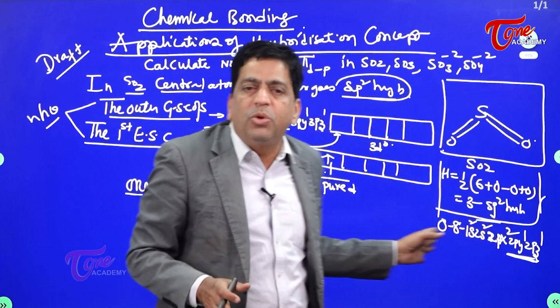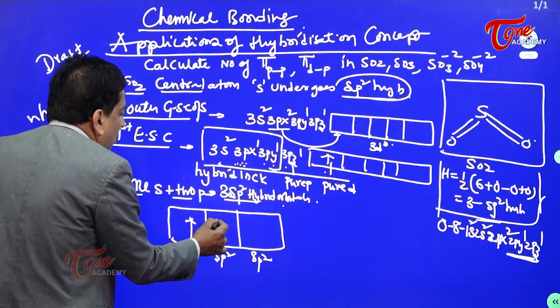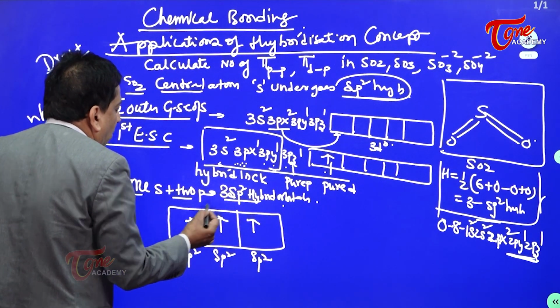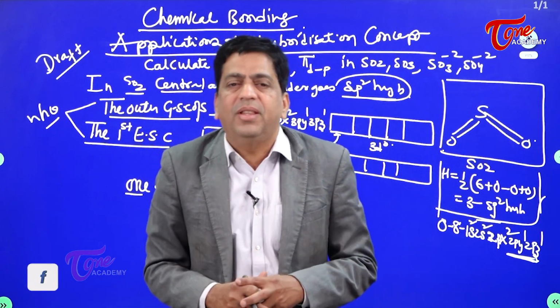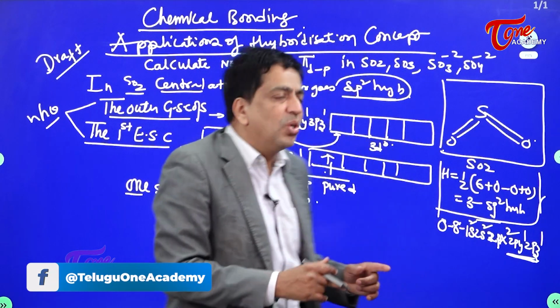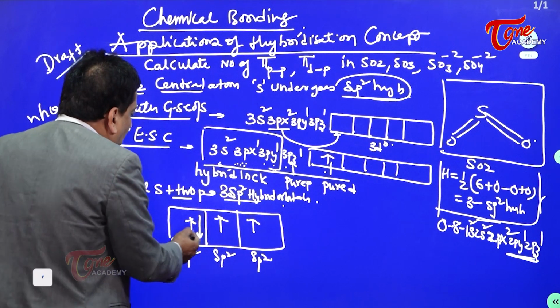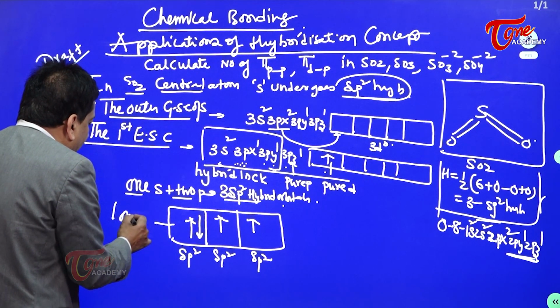Now we need to distribute this in 3, and we have to follow Hund's rule. So start first: 1, 2, 3 and 4. The lock contains 4 electrons, and the 4 electrons must be distributed in the 3 compartments. This one is already paired, so this is what is called a lone pair.